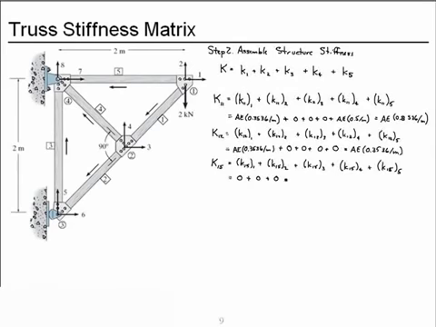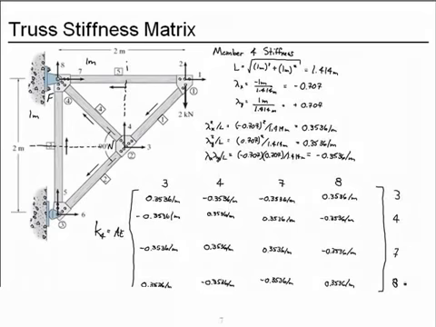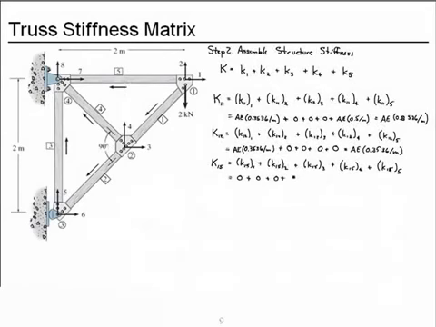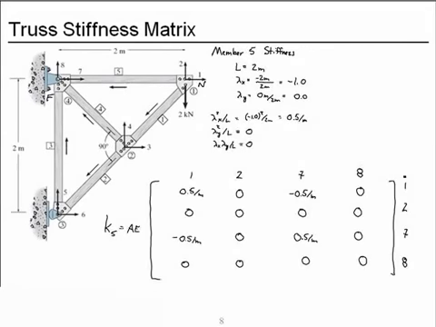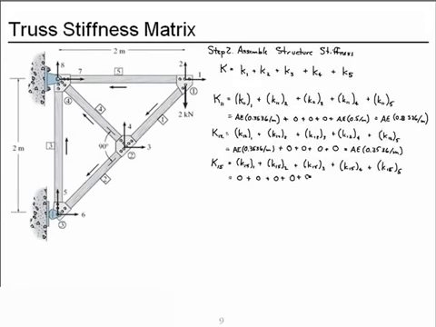For member 4, it doesn't connect to either of the degrees of freedom. And member 5, we have degree of freedom 1 but not 5. So in this case, the coefficient is 0.